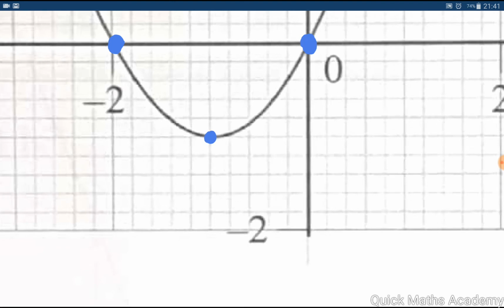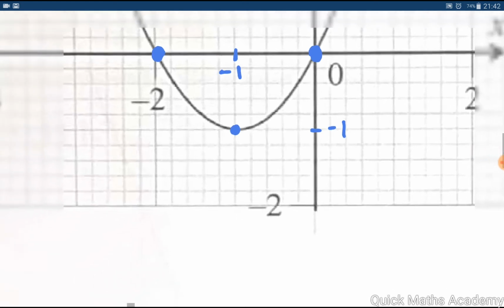This is a millimetric grid. 1, 2, 3, 4, 5, 6, 7, 8, 9, 10. I have 10 squares, so this is 5 squares, and this is my value -1 for the y. The same happens here: 1, 2, 3, 4, 5. If my -2 is there, this is my value -1 also.